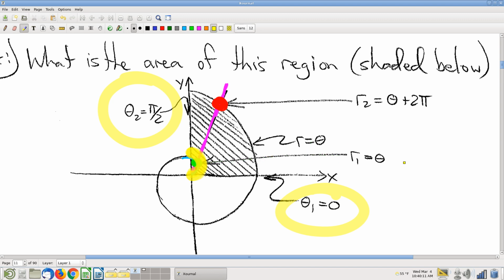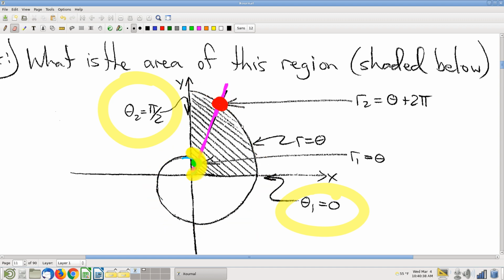So the values of theta that I'm interested in in this slicing process, that's the curve r equals theta. I'm looking at what I'm going to think of now as being a different curve. I mean, it's connected, it's part of the same curve, but the difference is that for those values of theta, this is now what you get when you go an additional 2 pi around.